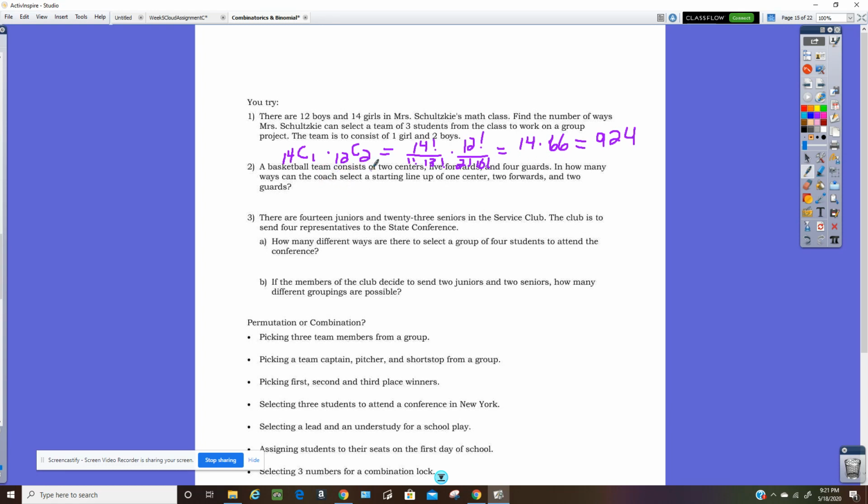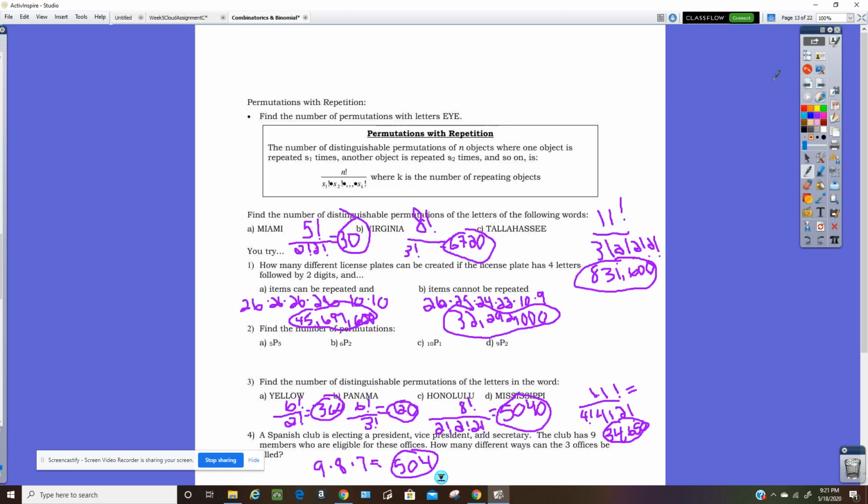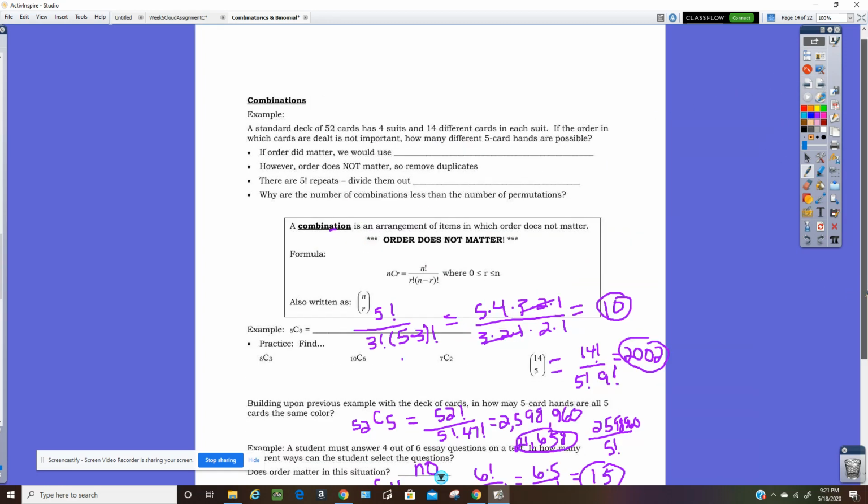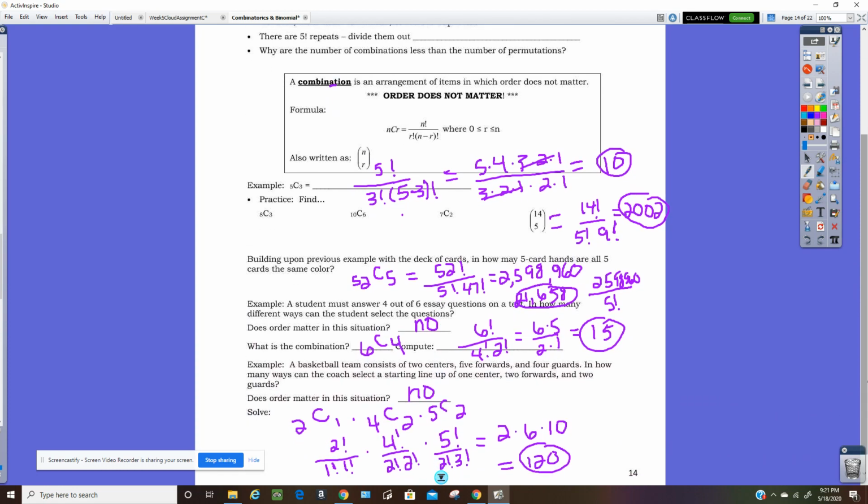The basketball team consists of 2 centers, 5 forwards, and 4 guards. And how many ways can the coach select the lineup? Let me see. Is that the same question as the previous one here? Two centers, 5 forwards, and 4 guards.